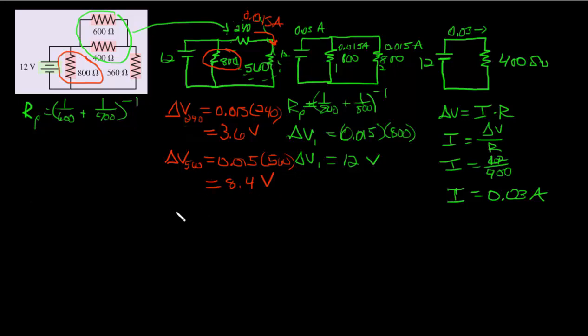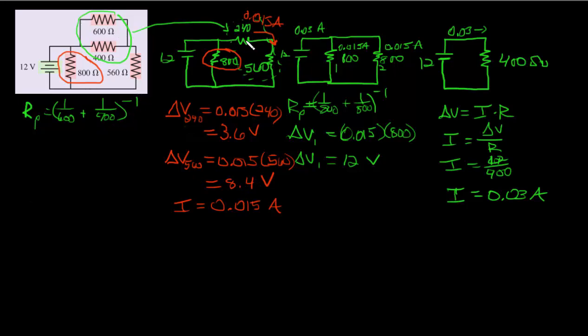The current across both of them is 0.015 amps. So we have the same current, different potentials. And if we add up these potentials, 3.6 plus 8.4, we get 12 volts, which was our potential across this equivalent resistor. All right, so we solved this one now. That's our 560, so 8.4 volts with 0.015 amps.